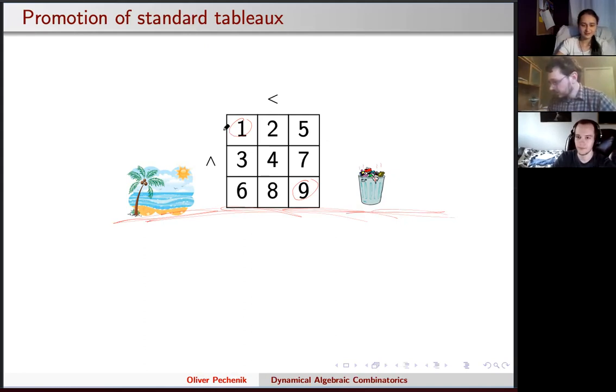These increasingness relations reflect the fact that you would prefer to be on the beach side of the building if you can get away with it. And you would also prefer to be as high up as you can manage, to be far away from that dumpster because it's probably really smelly. So that's why we have these two inequalities.